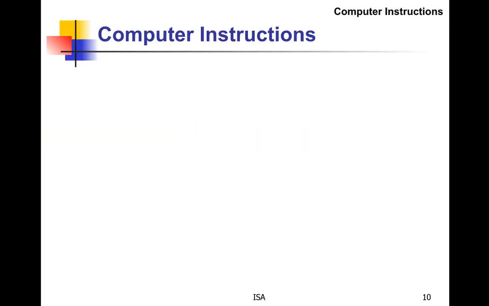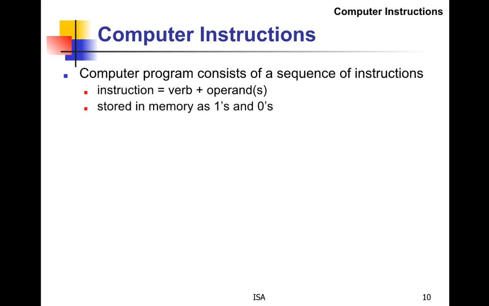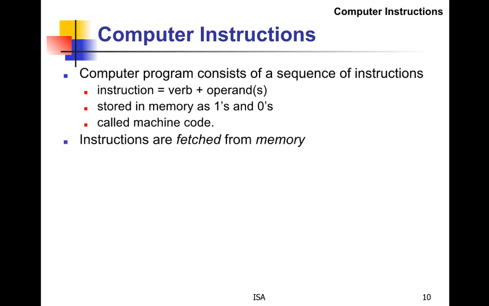So let's look at computer instructions. What are these? A computer program consists of a sequence of instructions that are executed in order. An instruction basically gives you a verb plus an operand. In other words, do this to this. It's stored in memory as ones and zeros, just like all other kinds of data. It's called machine code. Instructions are fetched from memory.